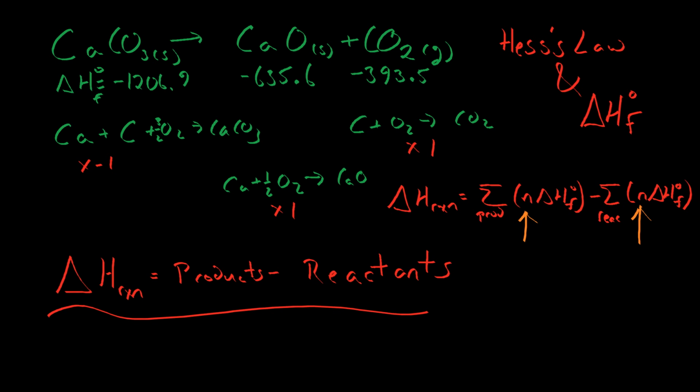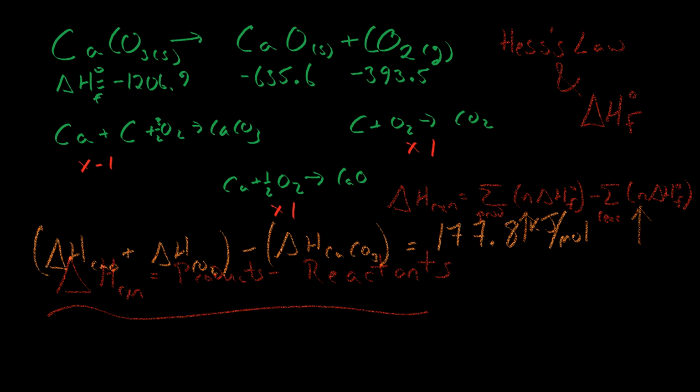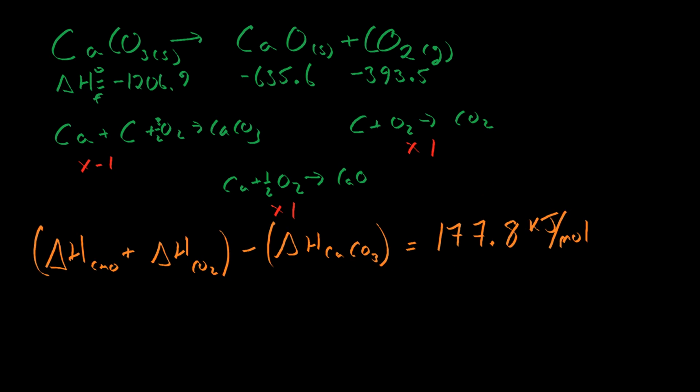So when we apply this to our reaction in question, it's going to be the enthalpy of formation for calcium oxide plus the enthalpy of formation for carbon dioxide minus the enthalpy of formation for calcium carbonate, which gives us a total of 177.8 kilojoules per mole.